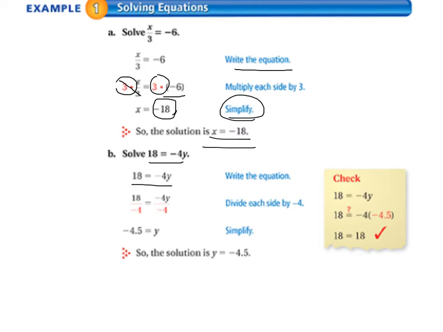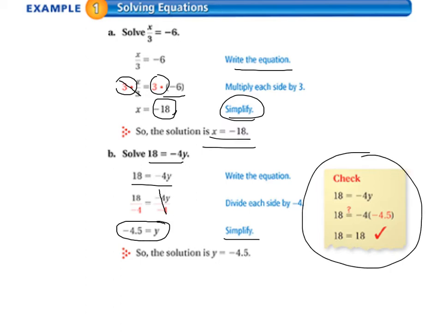So when we divide, negative 4 divided by negative 4 equals 1, so that goes away, and 18 divided by negative 4 equals negative 4.5. So y equals negative 4.5, and then we check it, and over here in the yellow box is the check. 18 equals negative 4 times y.